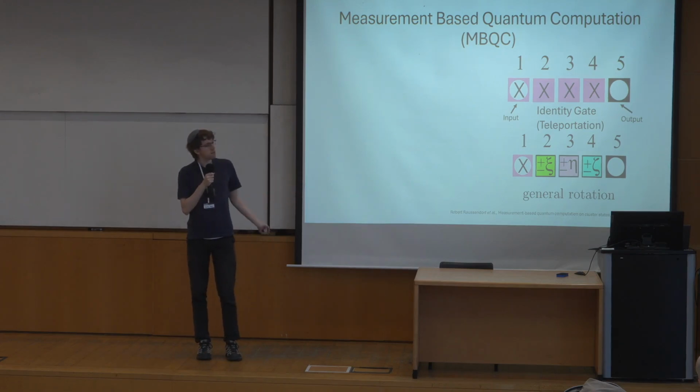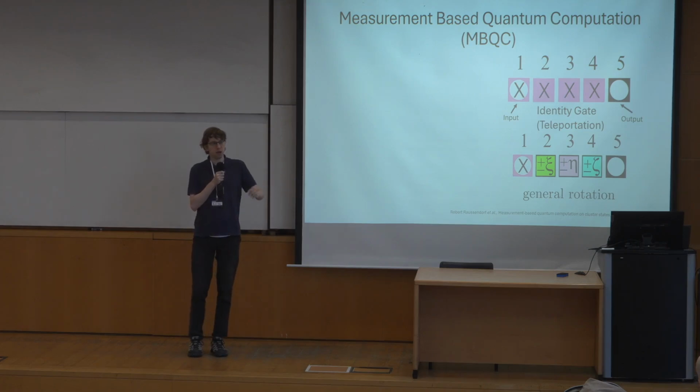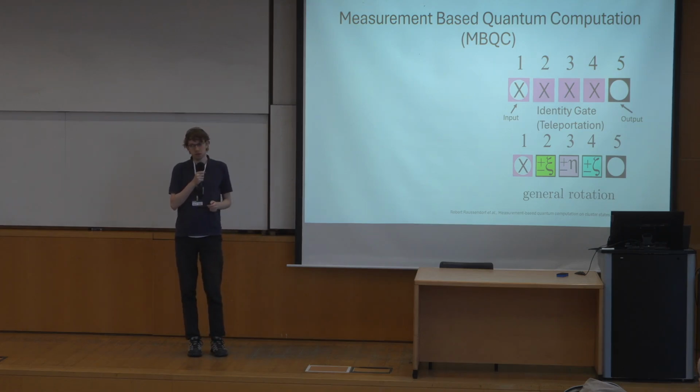And all these angles are in the xy plane. So you either measure in x, y, or any angle in between to actually create this computation. Now, the results of the measurements do influence the output. So there is a method to correct this via feed-forward Pauli corrections.